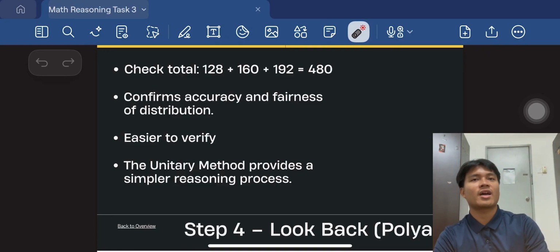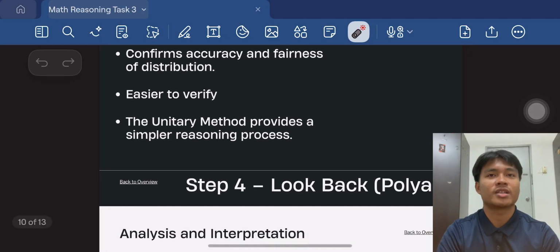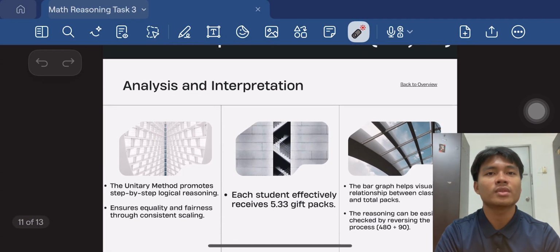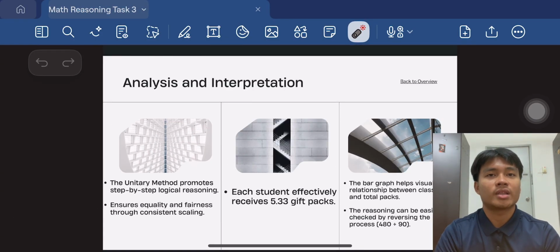Now let's move to analysis and interpretation. The unitary method really highlights step-by-step reasoning. It's logical and consistent. It shows fairness by making sure every student gets exactly the same portion. Each student gets 5.33 gift packs, and that's true across all classes.